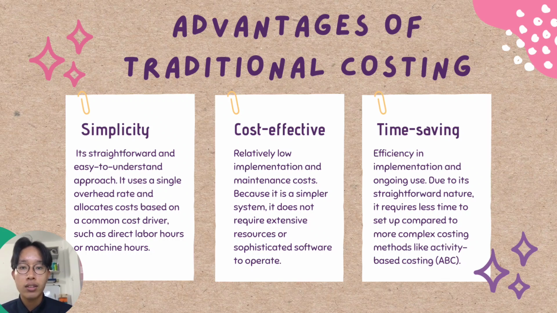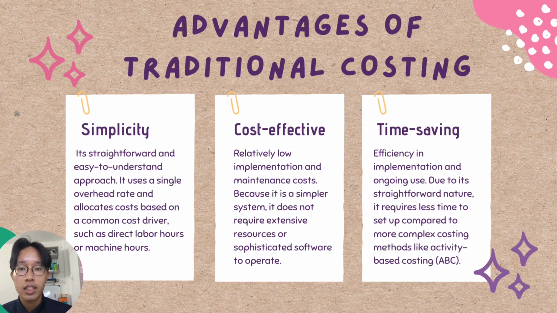Advantages of traditional costing. First, simplicity. In traditional costing, this refers to its straightforward and easy to understand approach. It uses a single overhead rate and allocates costs based on a common cost driver, such as direct labor hours or machine hours.